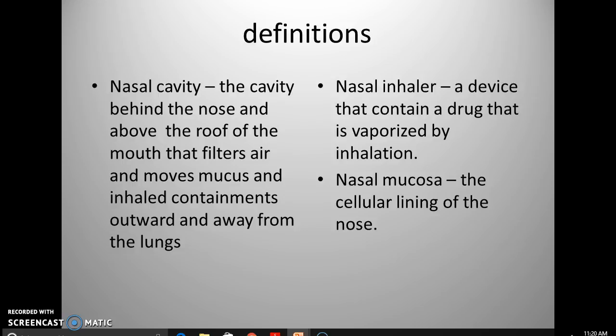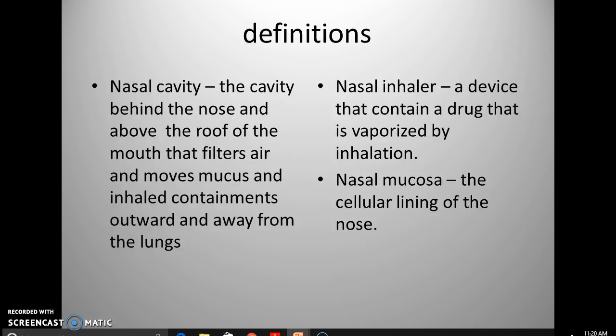Very, very important. A device that can be used to put medicine through the nasal cavity is a nasal inhaler. That is a device that contains a drug that is vaporized by inhalation. And of course, we talked about some components of the nasal cavity, such as the nasal mucosa.